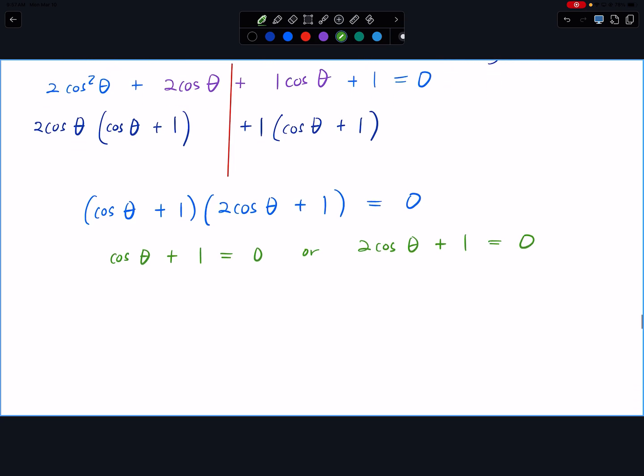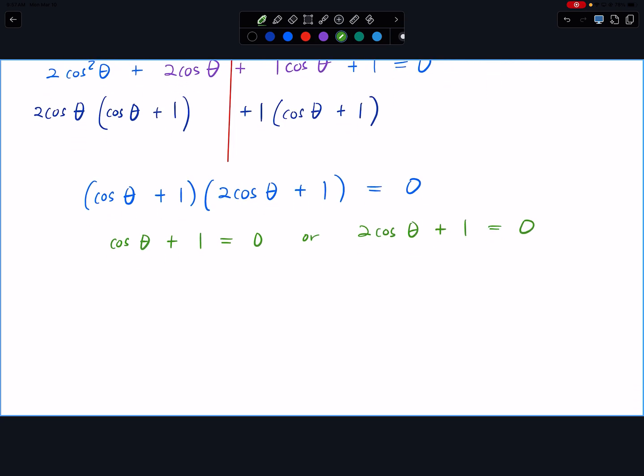All right, so this is where I'm going to show off my awesome unit circle knowledge. Because I trust that you guys can get to here. But getting the solutions is just as important. So do you guys agree that this means that cosine of theta is equal to -1?